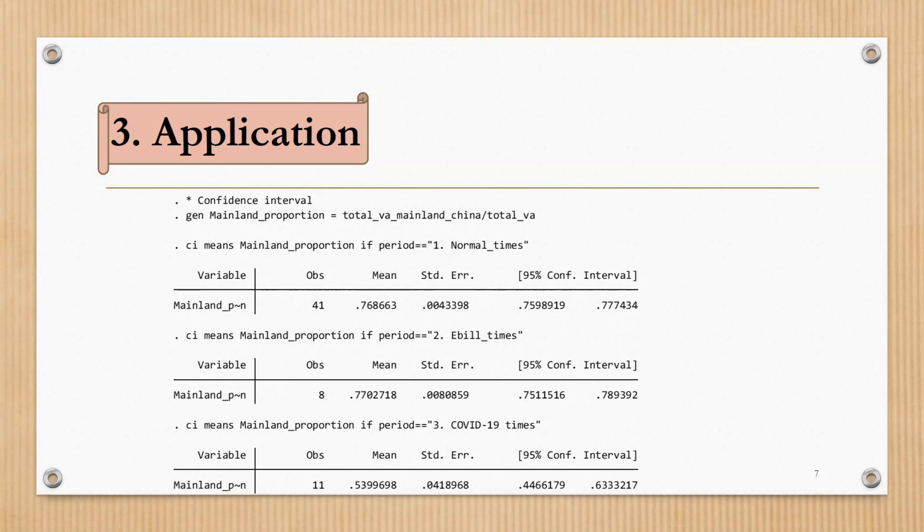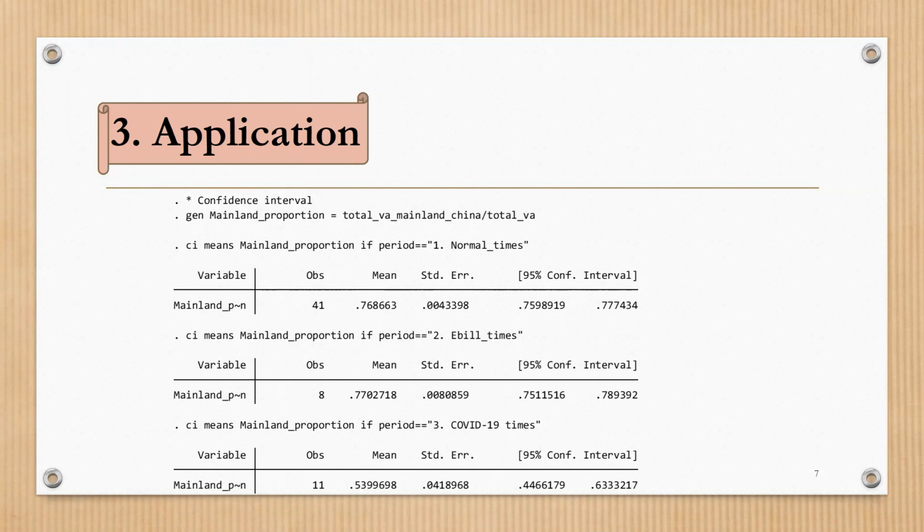That means approximately 76.8 to 76.9% of the visitors are from mainland China. And then on the right, you can see the 95% confidence interval for this mean, which is 0.75989 to 0.777. So that means the confidence interval is also very close to the mean.